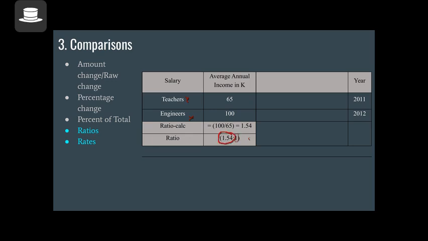In this case, it is engineer. So for every $1 a teacher earns, an engineer earns $1.54. In the next slide, I'll give you another example of ratio followed by an example of rates.